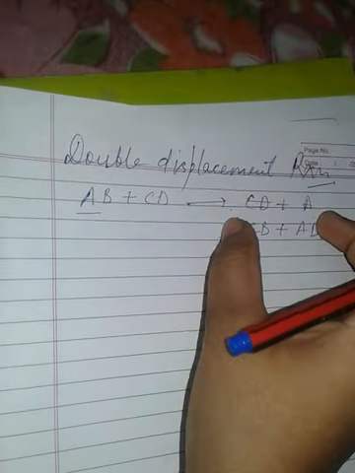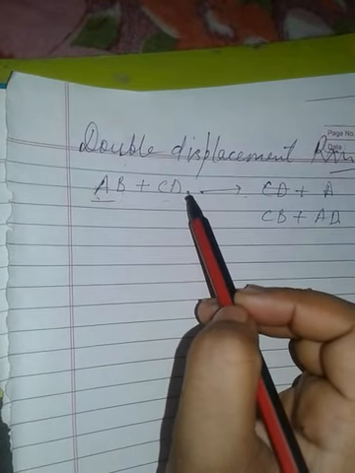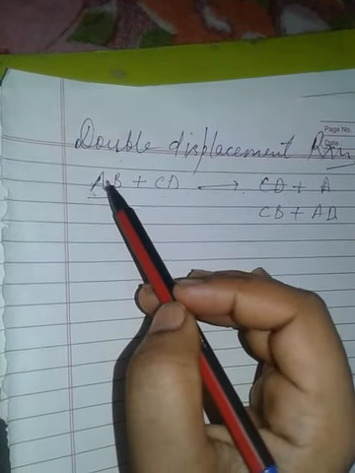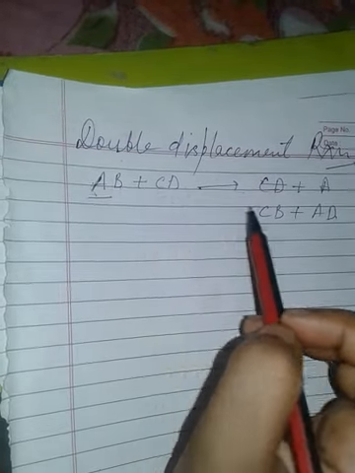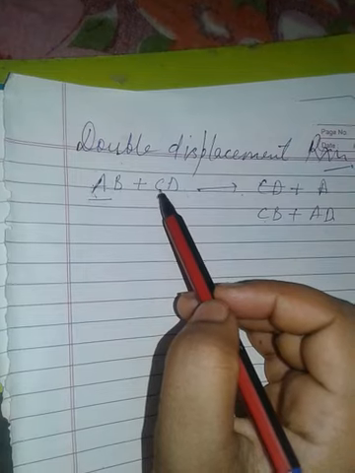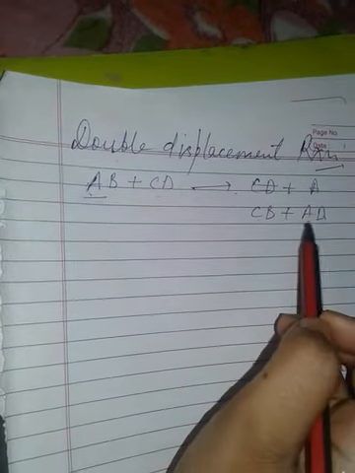Now observe this product carefully. What happened here? AB and CD were the reactants. Now A is displaced from here and C is attached over there, forming CB, and A is attached to D to form AD.